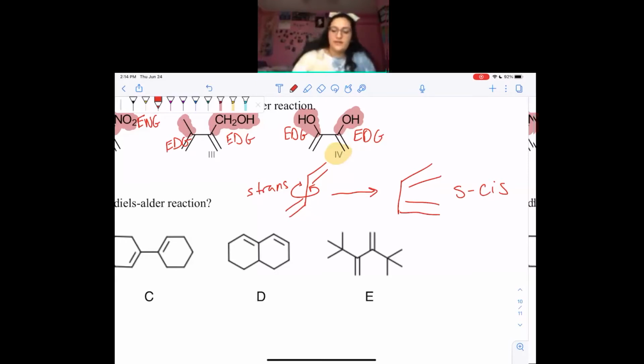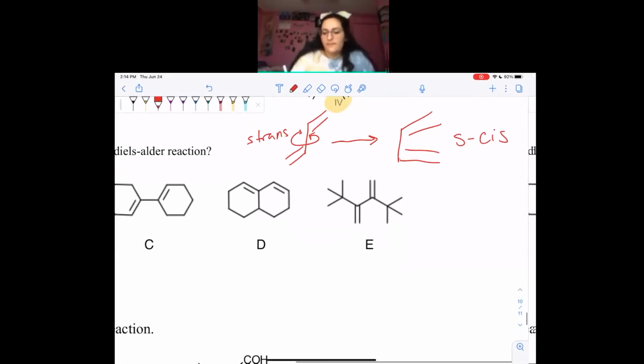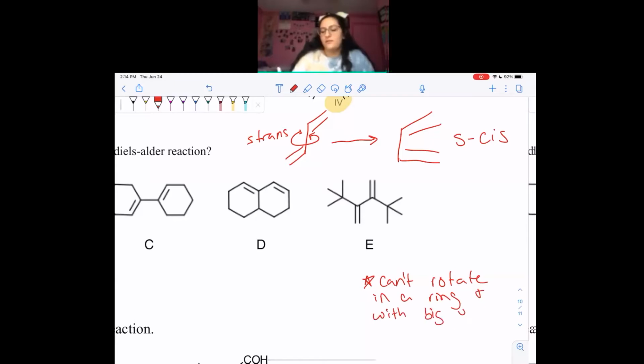So I'll make a tiny note. Can't rotate in a ring and with big, bulky group.